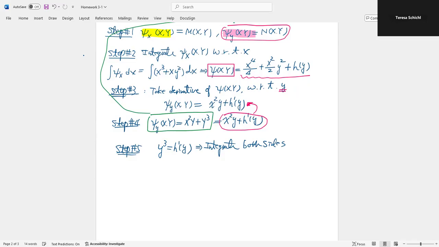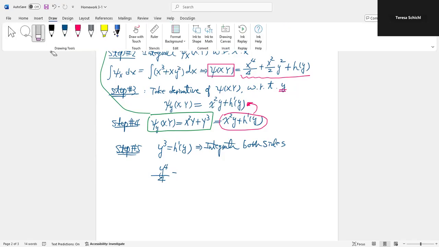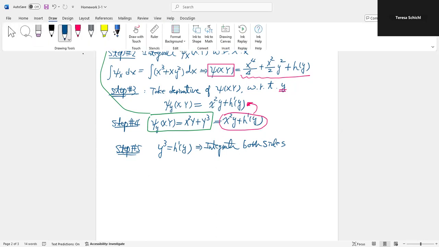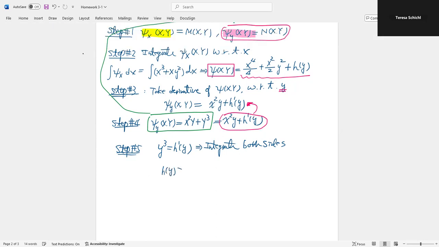I will have y to the fourth over 4 equal to h(y), the integral of h prime of y, plus a constant c here. All right, and now I finally got my function here.